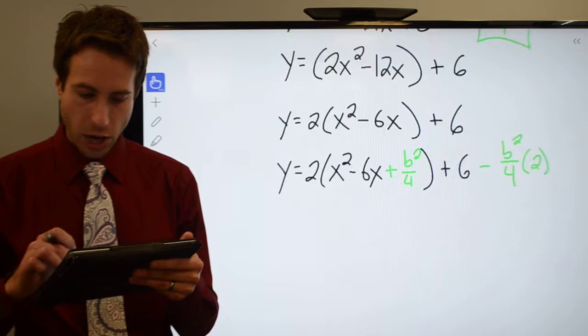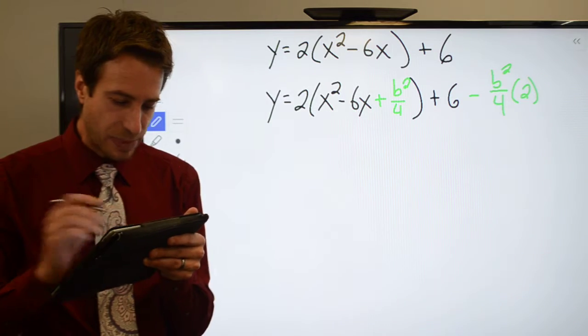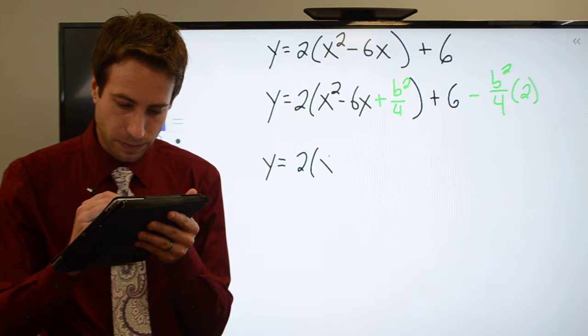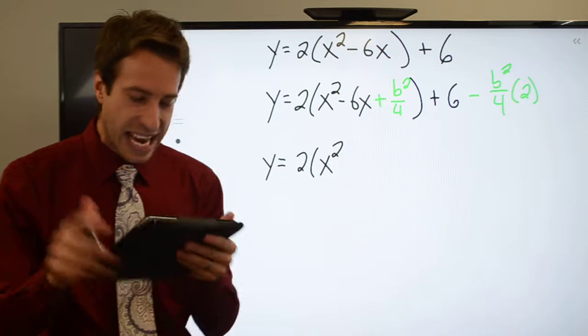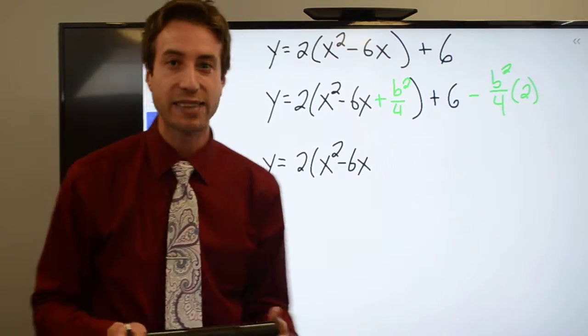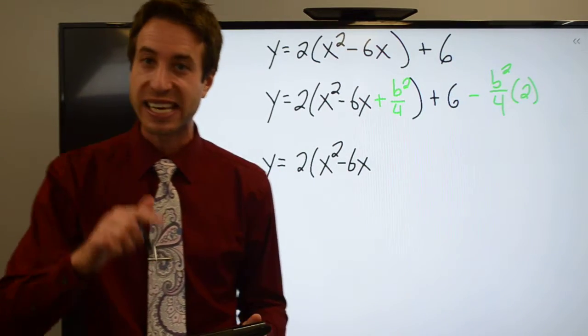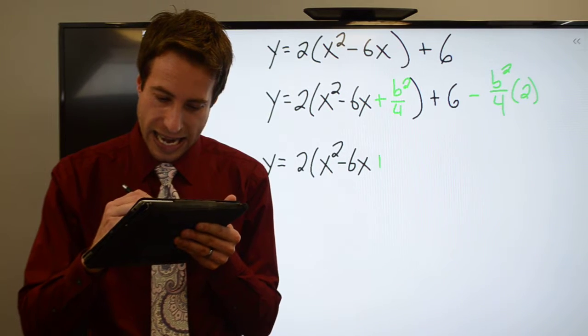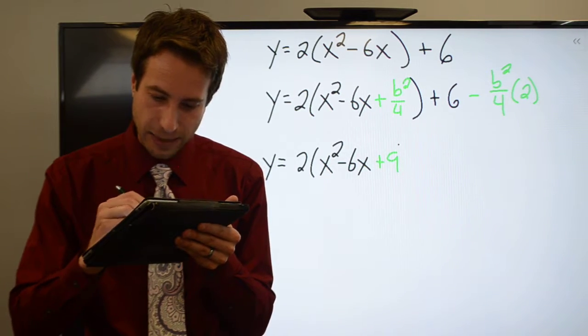Whew. All right, here we go. What is b squared over 4? Well, my b is a negative 6, so I will have to square it. Negative 6 squared is 36, and 36 divided by 4 is 9. So I will add 9 on the inside.